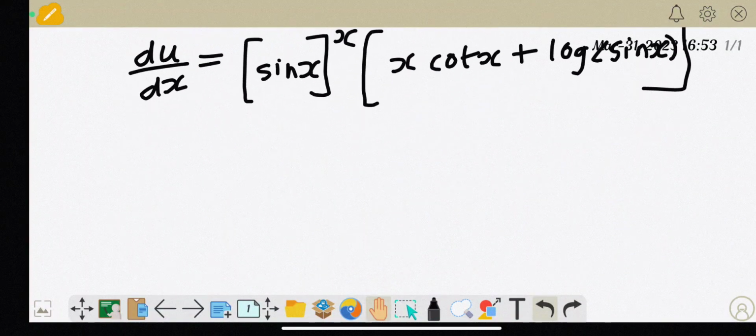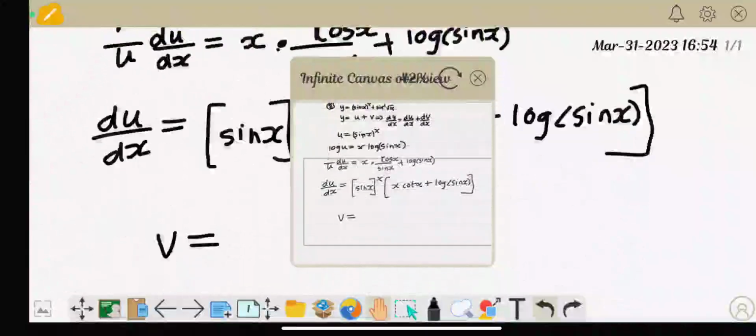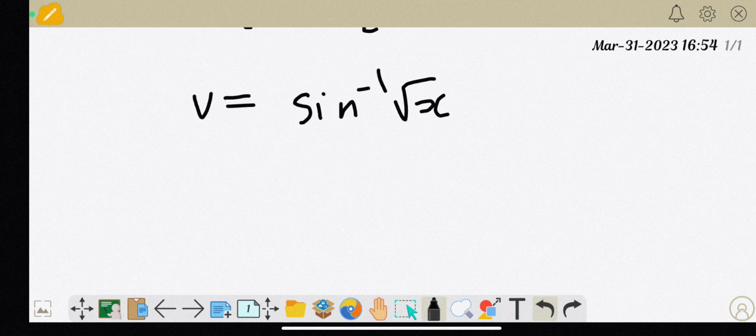So next we'll find dv by dx. First, what is v? V is equal to sin inverse root x, correct? So what is the formula for differentiation of sin inverse x?